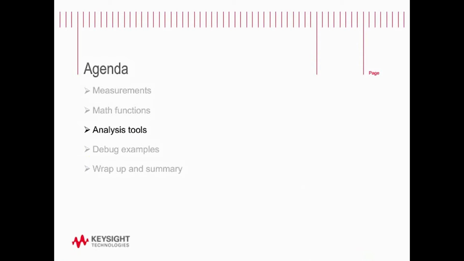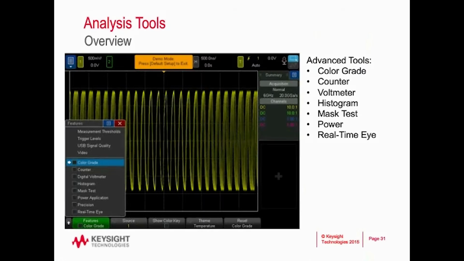All right, so next let's take a look at the advanced analysis tools built into the box. The 6000X series is the superset product of the InfiniVision line and thus has the largest set of features of all our InfiniVision scopes.